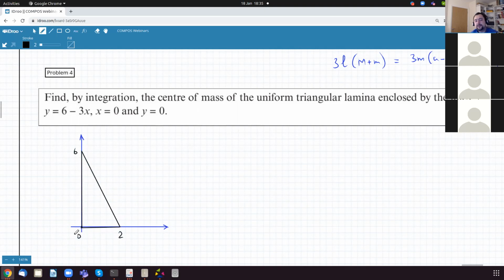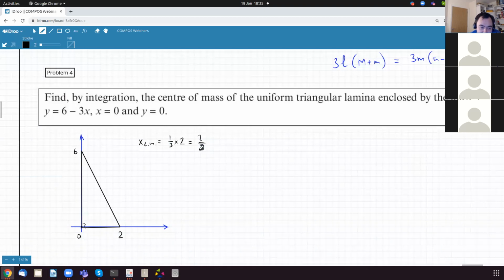But you already know that the center of mass of a triangle is 1/3 of the way from the highest point to the base. So for a triangle, the x center of mass will be 1/3 of the base. So it's 1/3 times 2, which is 2/3.